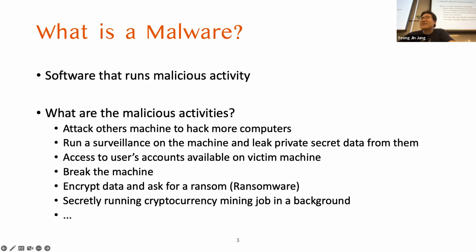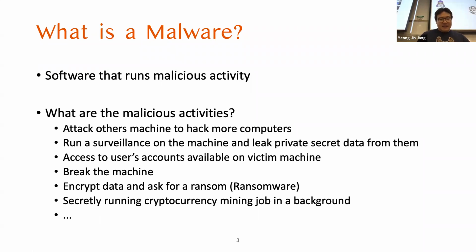Some passive kinds of attack could be getting into the victim's machine and secretly running cryptocurrency mining. So it's actually stealing the electricity, which looks a little benign, but there is a spectrum of attacks that malicious software can do.